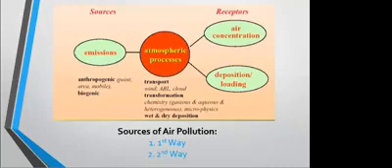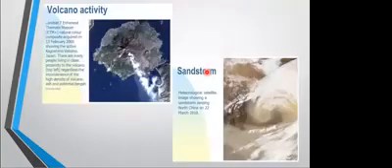So the sources of air pollution is the first way, and the second way is what we call natural activity, like for example volcanic activity, which when it erupts, usually gives off sulfur to the atmosphere.